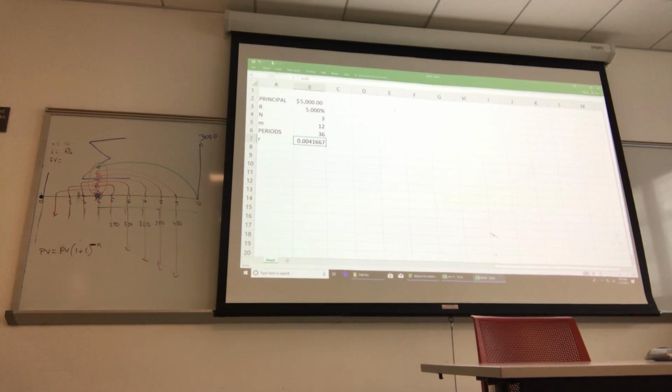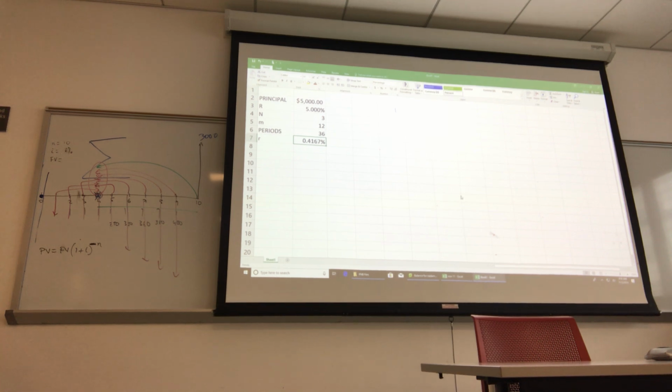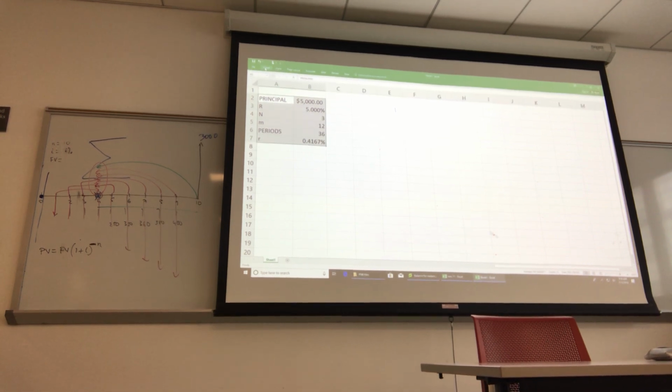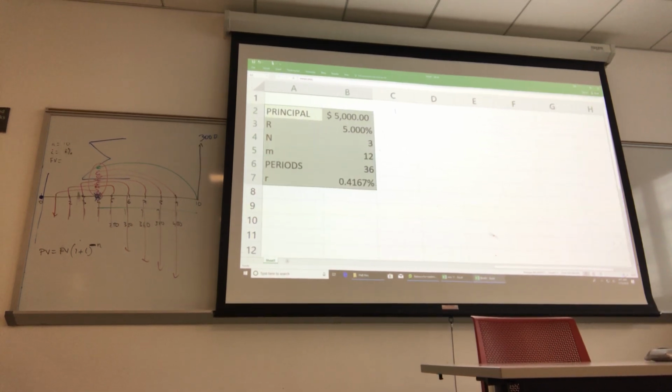The monthly rate is this one. And these are what we have for the loan. This is what we know. This is the known information. I mark it with green since I know it. I enlarge it.